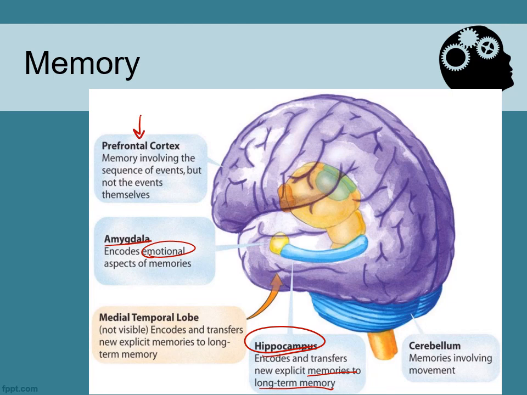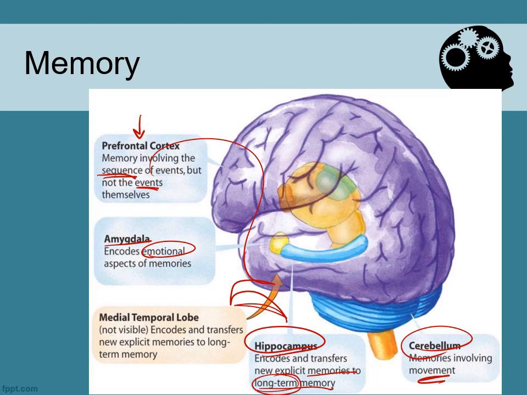The prefrontal cortex helps us remember the order of things, but not the things themselves, just what order they go in, but not what they were. We need to involve the temporal lobe, the hippocampus, to get that to happen. And then our cerebellum, this is that muscle memory. So our memories of movements happen here. So lots of different parts of the brain are involved in memory.